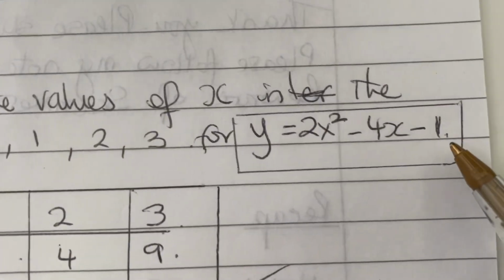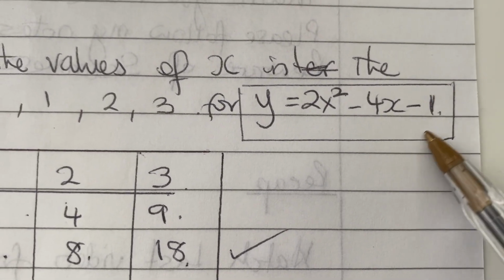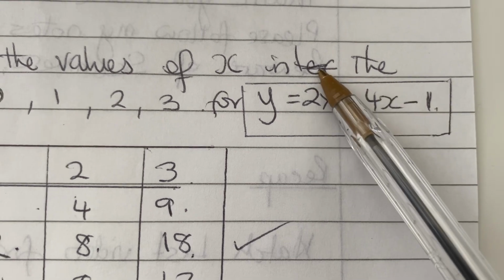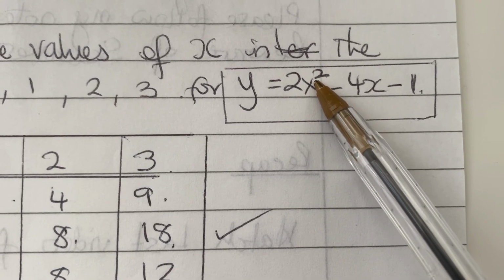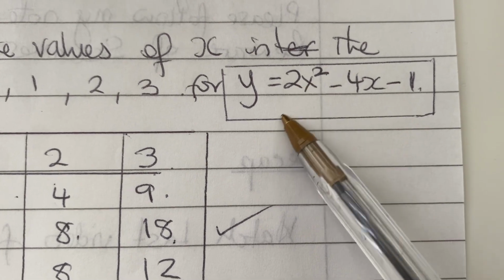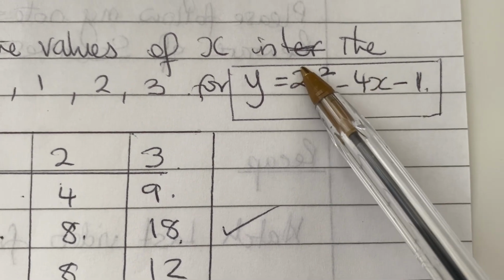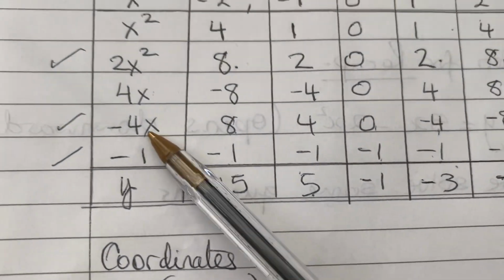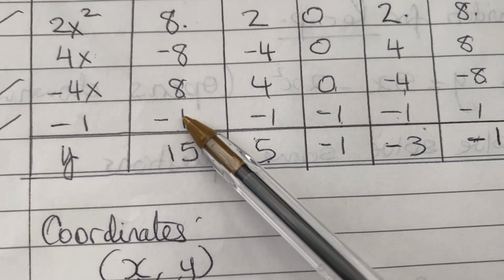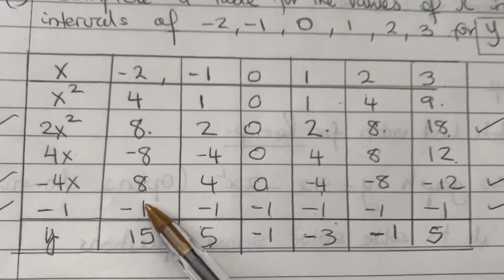Now the last part of the parabola equation. We know it's a parabola because of this x squared, and we know it opens upwards because of this positive 2. It's minus 1, so the minus 1 part, we'll put minus 1 in each column.